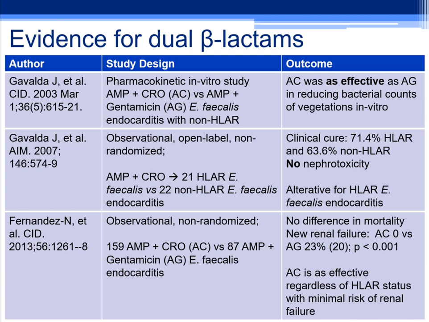Then Fernandez and colleagues had a bigger observational trial comparing the 2 regimens and showed no difference overall in mortality, but a significant difference in new renal failure, particularly in the ampicillin plus gentamicin group. From this, it was regarded that ampicillin plus ceftriaxone is as effective regardless of high-level aminoglycoside resistance status, with minimal risk of renal failure.